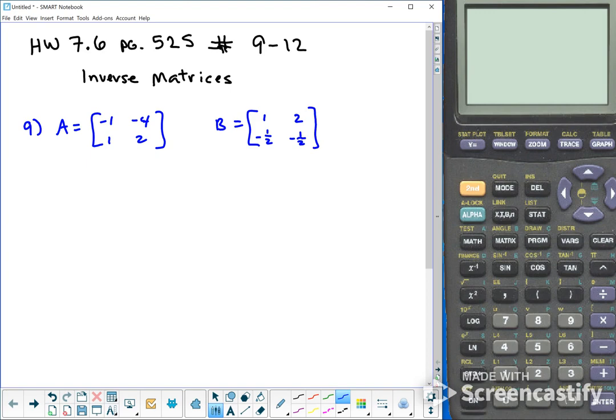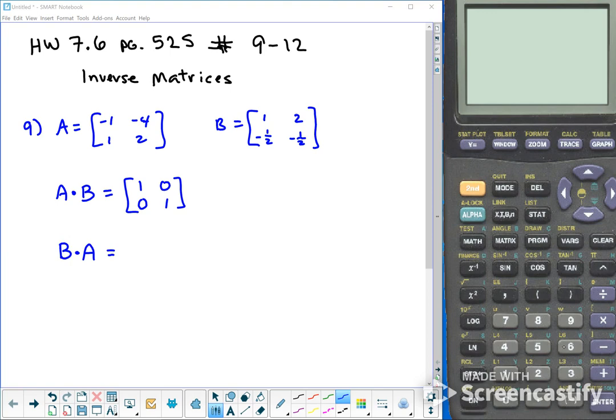Directions say use matrix capabilities of a graphing utility to show that B is the inverse of A. So what we want to do is take matrix A and multiply by matrix B. And whatever happens, we should be getting the identity matrix, the 1, 0, 0, 1. Right? And if that happens, we can do the second part, which is take matrix B and multiply by matrix A.